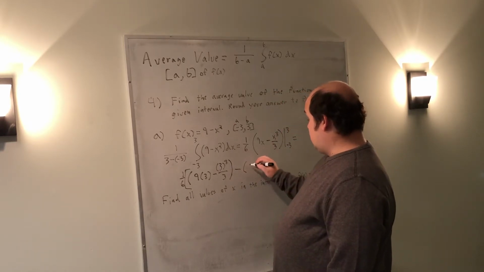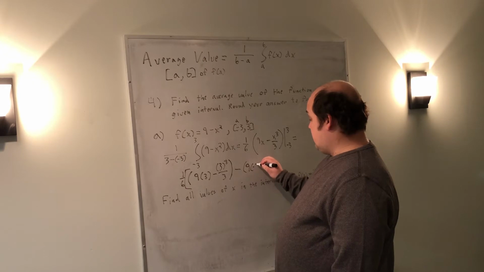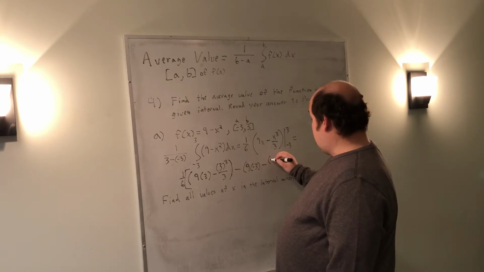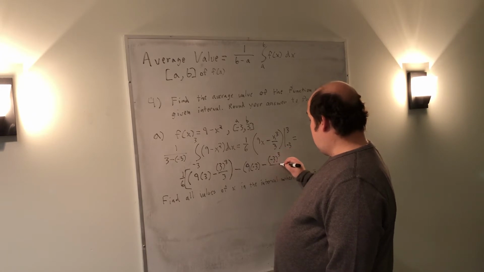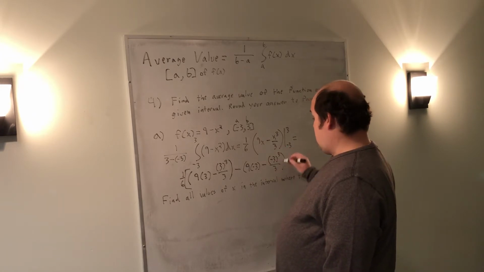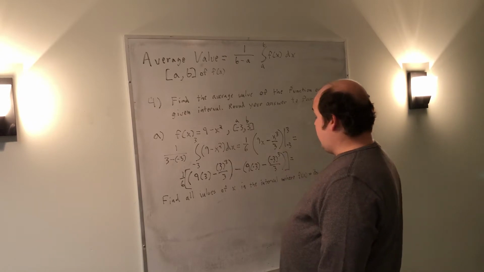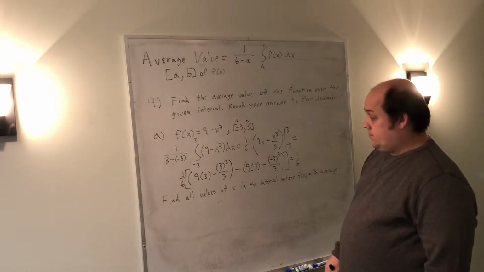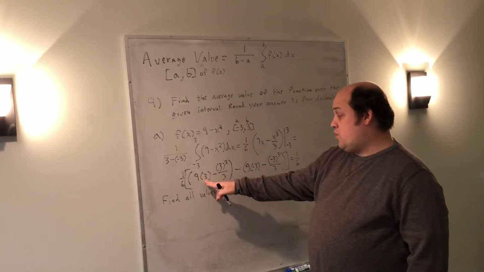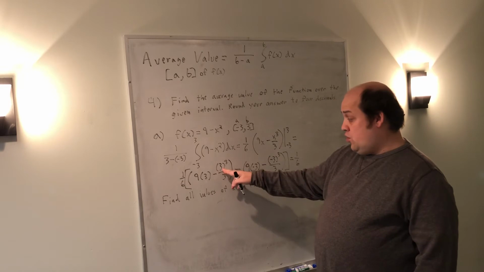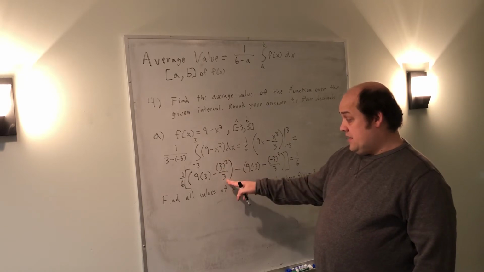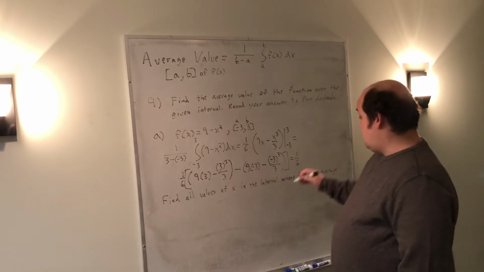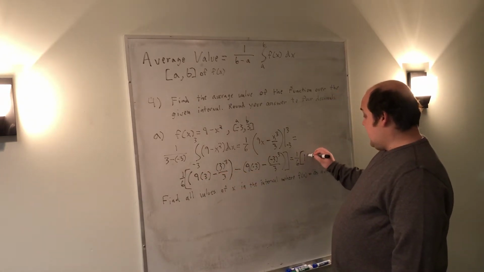So this becomes 9 times negative 3 minus negative 3 cubed over 3. And all of this is still being multiplied by 1/6. It then becomes 1/6 out front. 9 times 3 is 27. 3 cubed is 27, divided by 3 is 9. So this is 27 minus 9, which gives me 18.